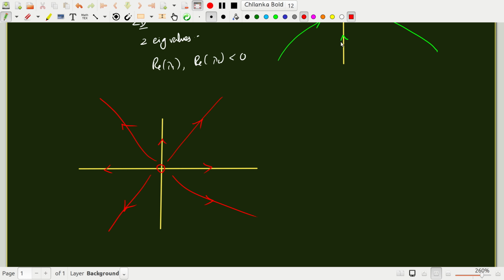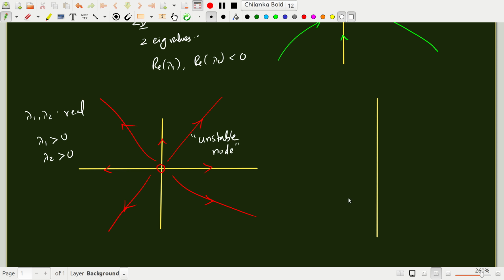If lambda 1 and lambda 2 are real, and lambda 1 is greater than 0 and lambda 2 is greater than 0, then this is an unstable fixed point, or an unstable node in the language of nonlinear dynamics. Of course, you may have a case when lambda 1 is greater than 0 but lambda 2 is less than 0, and this is called a saddle point.